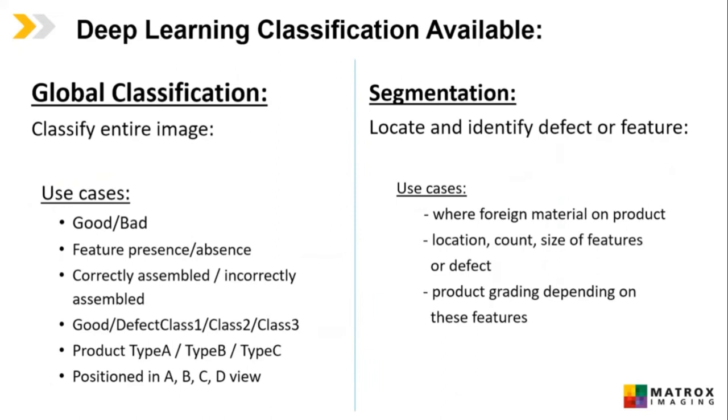So there are two types of deep learning technologies available in the Matrox software. One is called global classification, where we use it to classify an entire image.